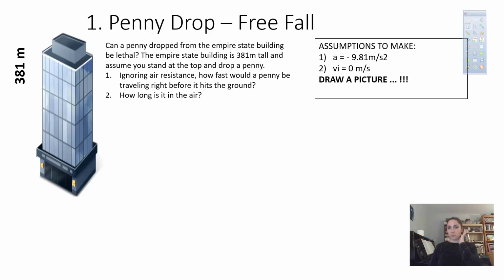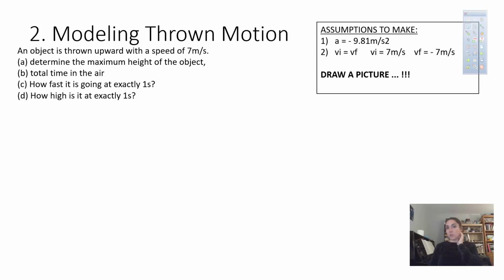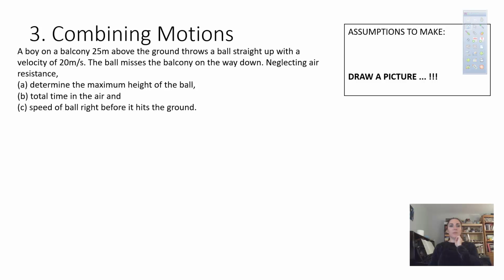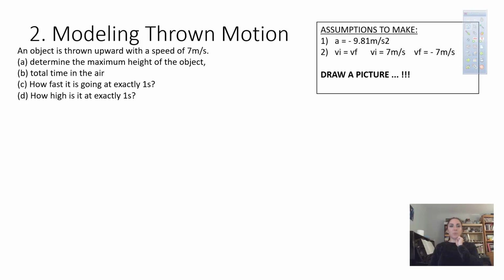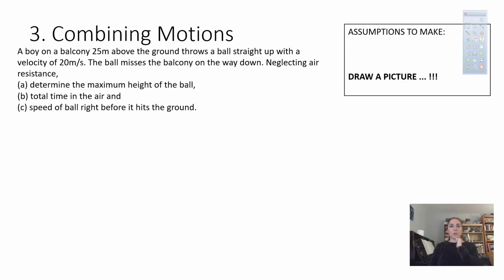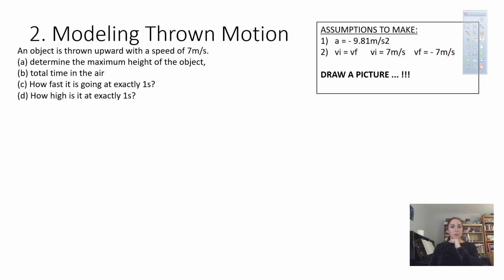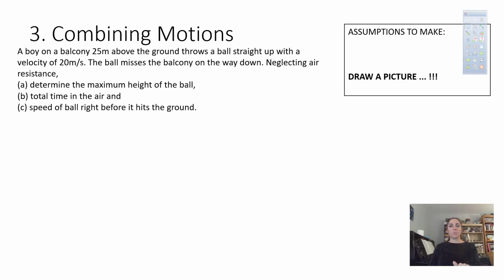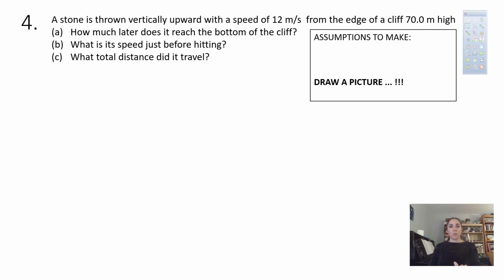This is what I call a plug and chug. This is not a plug and chug. It's a multiple motion question. Same thing. Actually, these are pretty much identical. So they're not identical, I lied. But anyway, the point is that we have multiple motions.